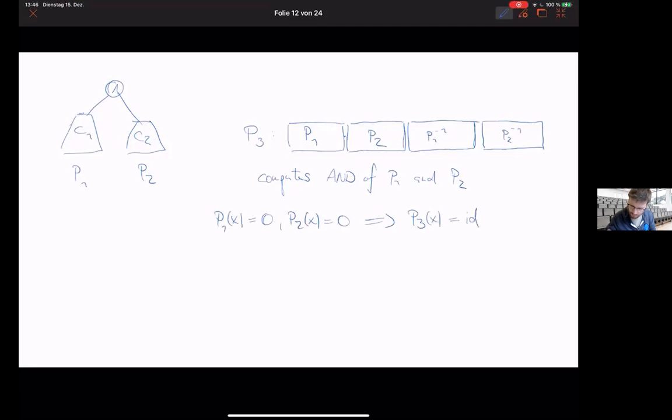We're already on the branching program level, but identity, of course, encodes a 0.